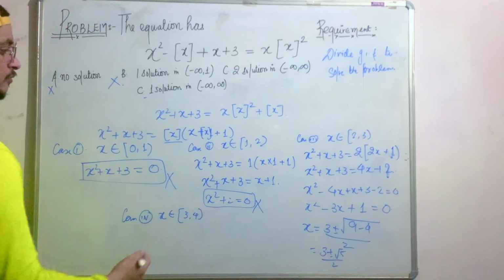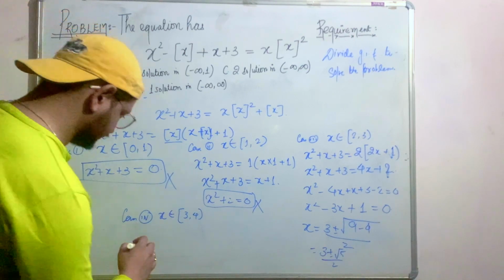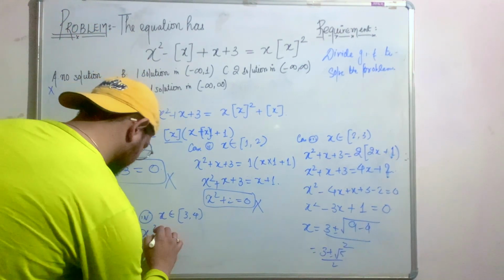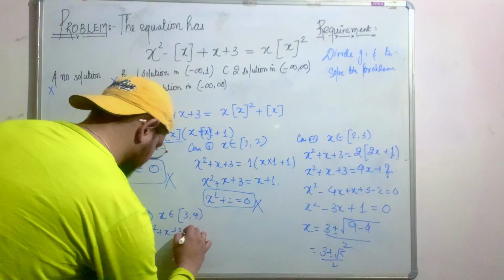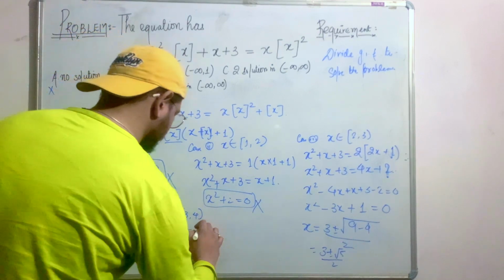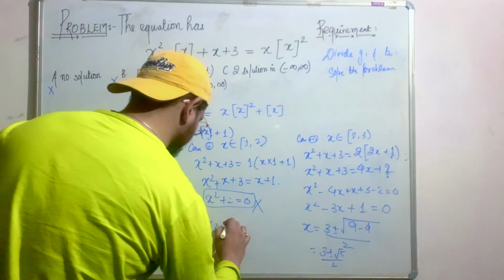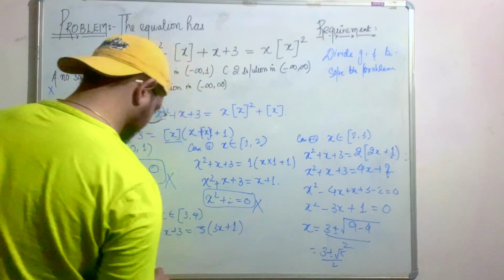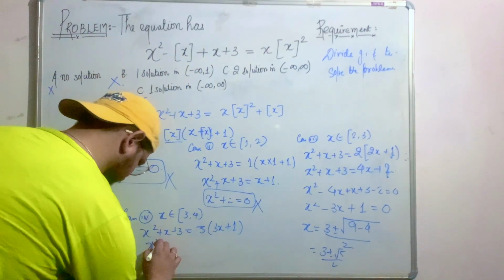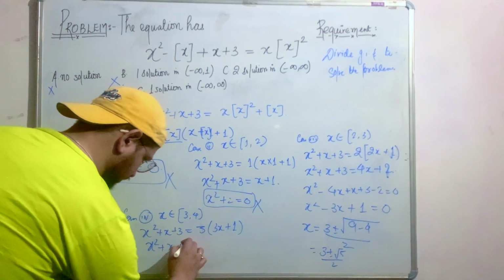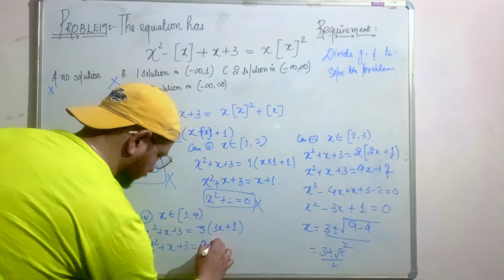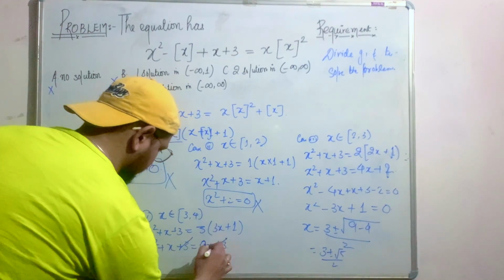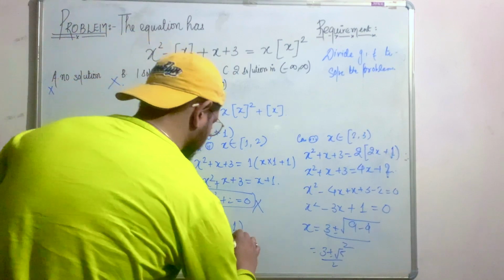So if I take x belongs to 3 to 4, you will write x square plus x plus 3, that is equal to 3x plus 1, and you will write this as x square plus x plus 3 equal to 9 plus 3. 3 and 3 will get cancelled, everything will come on the other side.